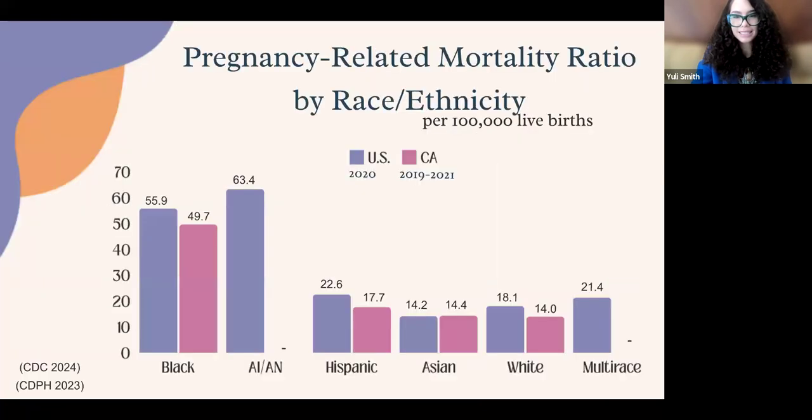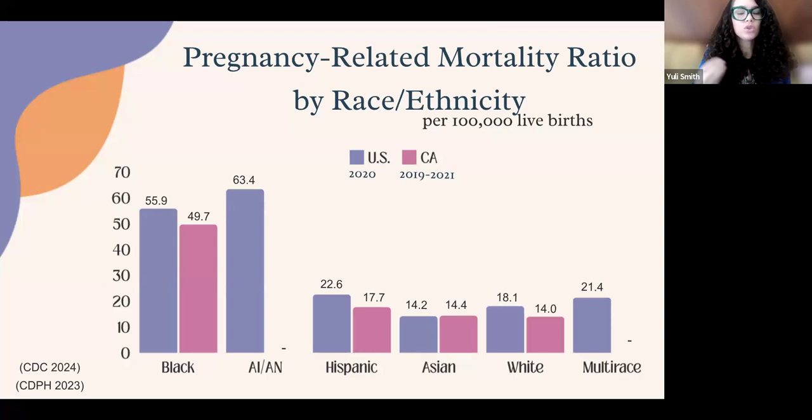Next slide, please. Okay, this is lots of numbers, lots of bars, but I will explain this graph for you. This graph is tracking our pregnancy-related mortality ratio by race and ethnicity for the US, which will be in purple, and for California, which will be in pink.